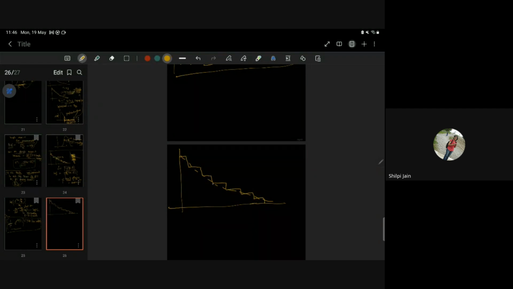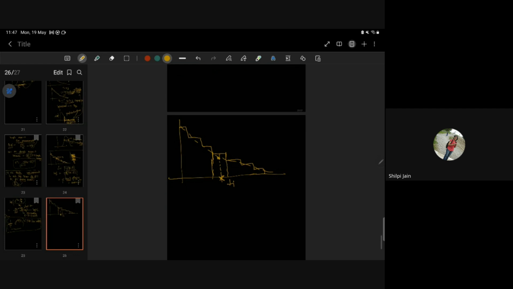Let's say I'm considering this bin. Because it's a normalized PDF, the value of the exponential at time t is given by 1 by tau, where tau is the parameter that you are trying to determine, times e to the power minus t_i by tau. t_i is this mid value.